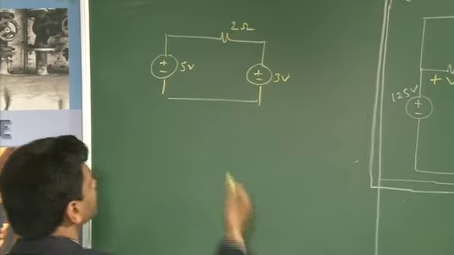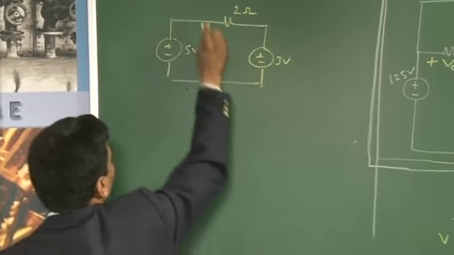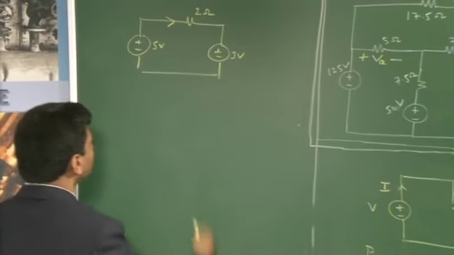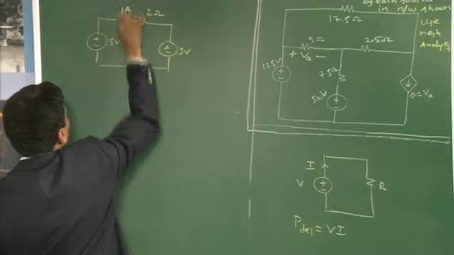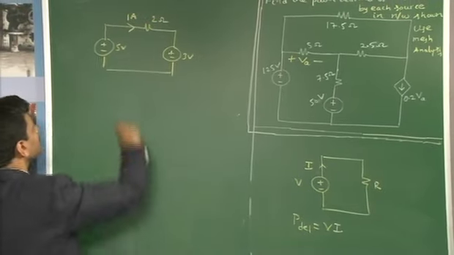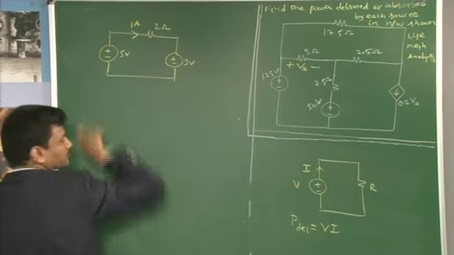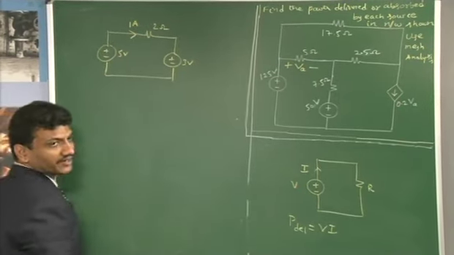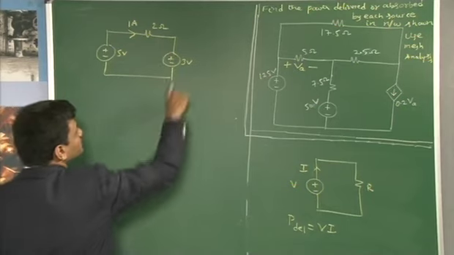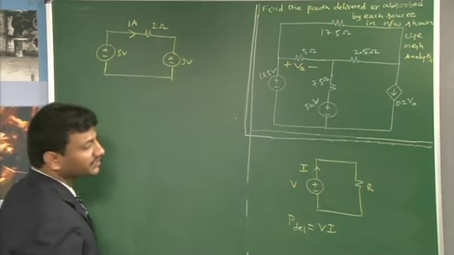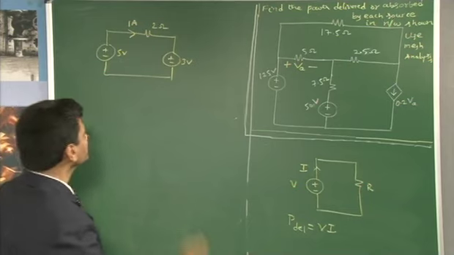Now this is higher in value as compared to this, so current has to come out in this way, and the current value is 5 minus 3 divided by 2, which is 1 ampere. With respect to this source, you are observing the current come out of the positive polarity, so this is delivering the power. Now the current is entering the positive polarity of the 3 volt source, so it is in fact absorbing the power.